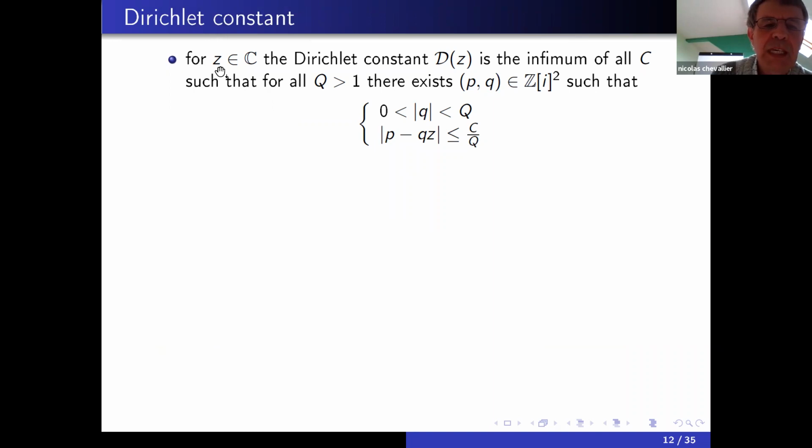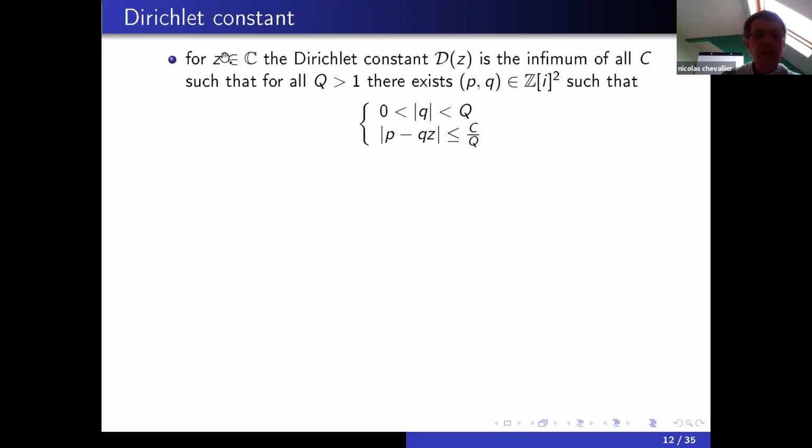If you take a complex number z, you can say that d of z is the infimum of all the positive constants C such that for all real numbers Q greater than 1, there exists a pair PQ of Gaussian integers such that the modulus of Q is between 0 and capital Q here, and the approximation given by PQ is smaller than C over Q.